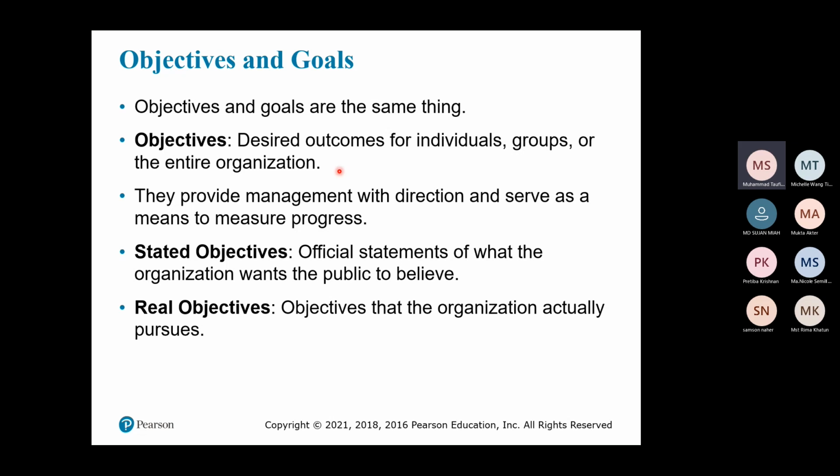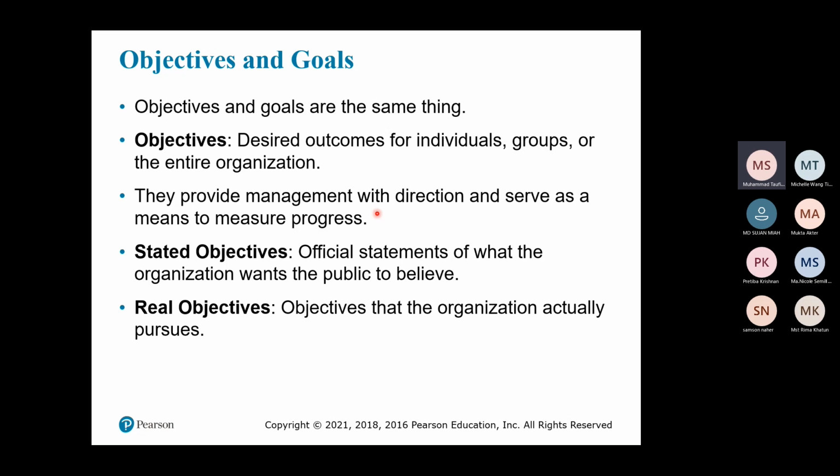Objective and goal provide management with direction and serve as a means to measure progress. Without goal and objective, you will not know where you want to go. That's why it is clearly stated in the earlier slide, you need to have a specific objective.